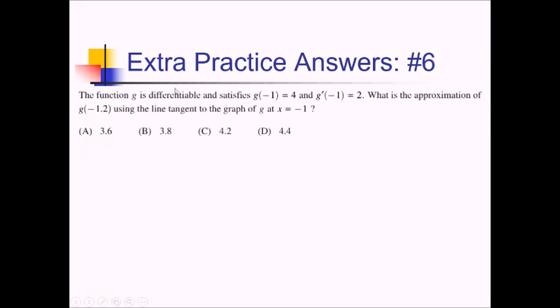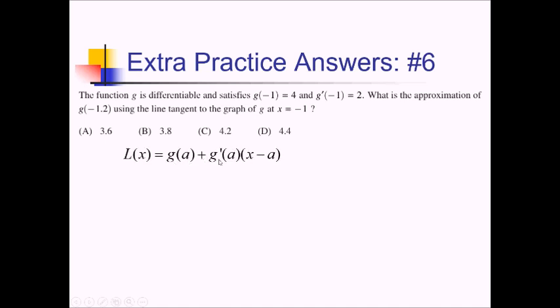On this one, we have a function g that's differentiable and satisfies all these conditions. And we want the approximation of g of negative 1.2 using a tangent line at x equals negative 1. So let me write out my general tangent line linearization formula. L of x equals, and in this case we'll call it g of a plus g prime of a times x minus a.